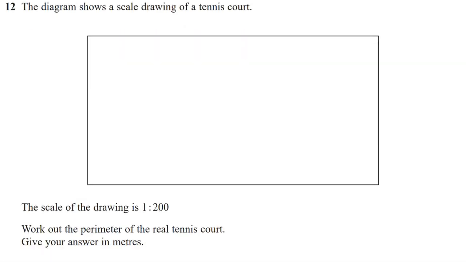All right, now we have this tennis court, and it says that the scale of the drawing is 1 to 200. Work out the perimeter of the real tennis court. Okay, well, for this you need to take a ruler and measure what this length is.